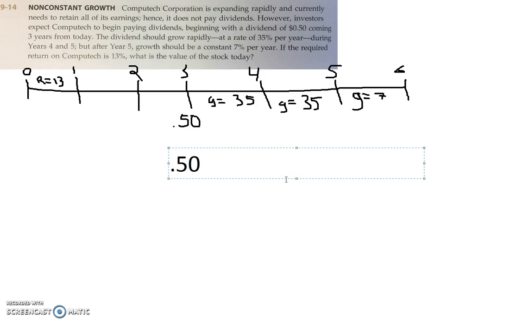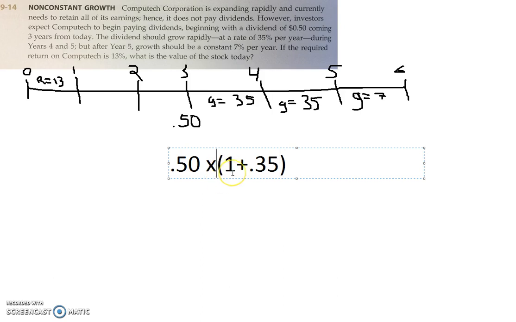So that's 50 cents. We know that it's going to grow by 1 plus our growth rate, right? I'll put it in parentheses so we can stay clean. That growth rate is 35%, right? To go from here to here, the dividend's going to grow by 35%.